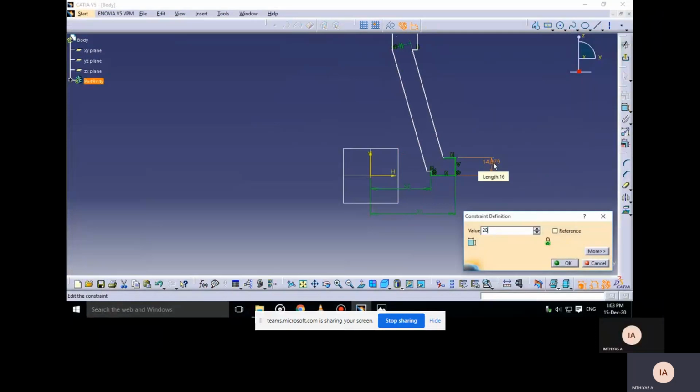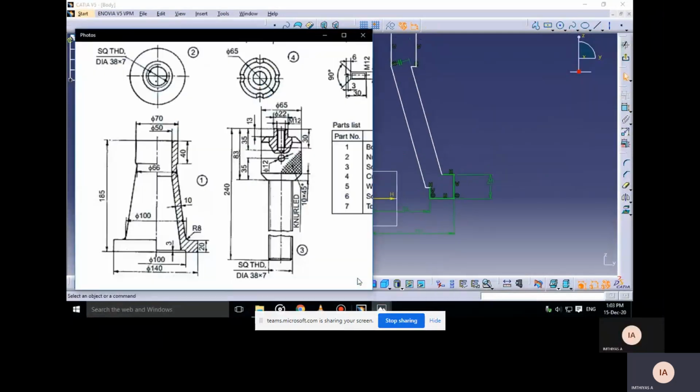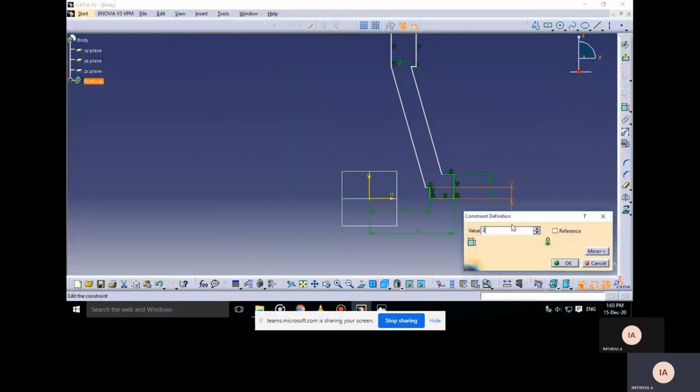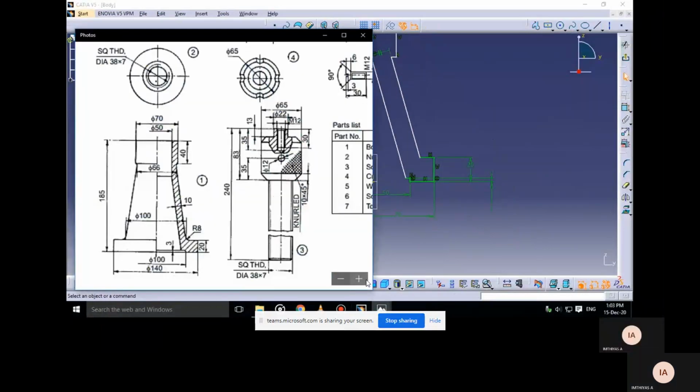Here the dimension is 20 mm. The base is 3 mm. The thickness is 10 mm thick material.